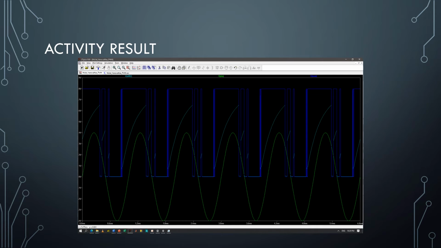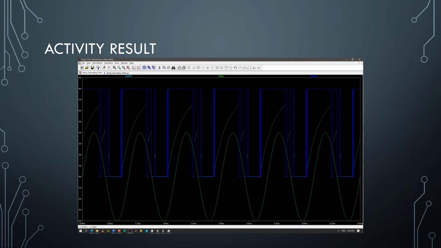For the activity result on the pulse width modulation circuit, the blue waveform shows the output of the pulse width modulation circuit. The green waveform is the sine wave generated by the sine wave generator, and the light blue waveform is the square wave.